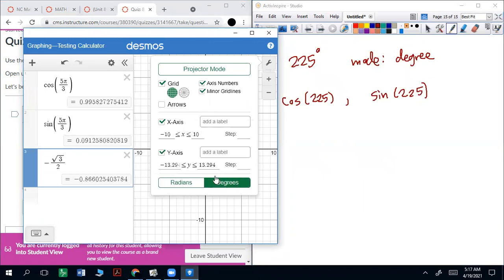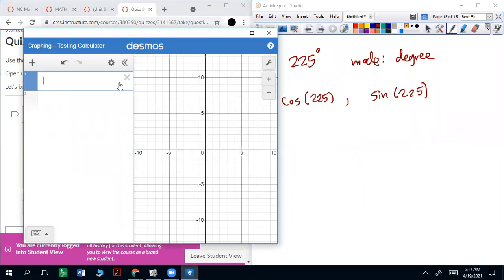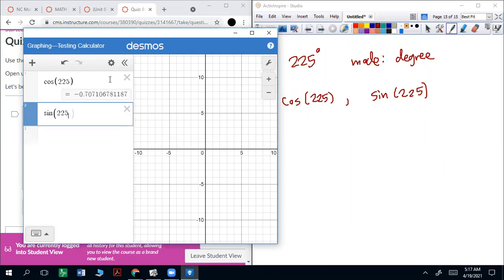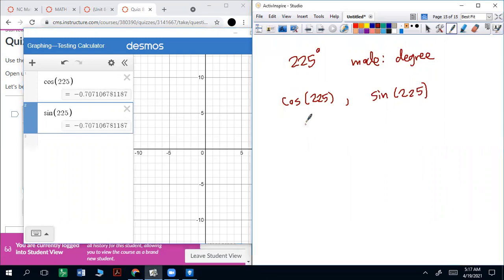Make sure it's in degree. Cosine of 225, and sine of 225. And you'll notice these are both the exact same thing, right? It's negative 0.707, comma negative 0.707.